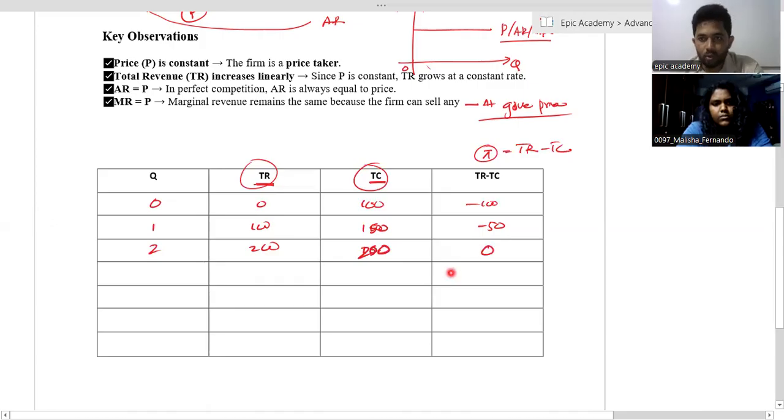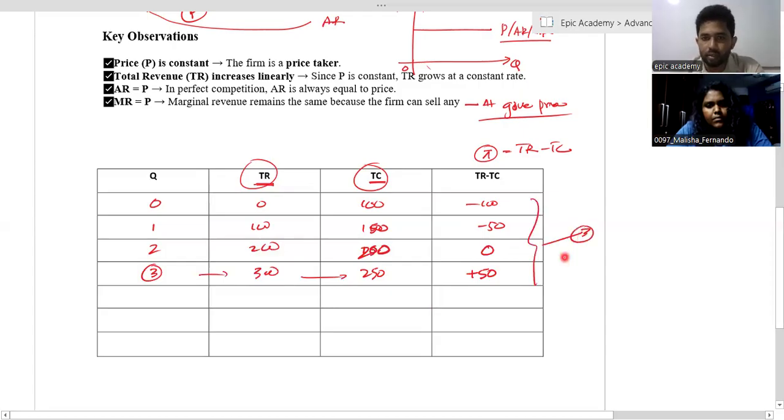Zero. Profit becomes 0. Producing 3 commodities, revenue is 300, and the total cost changes only to 250. This is plus 50. So you can identify 3 types of profitability.